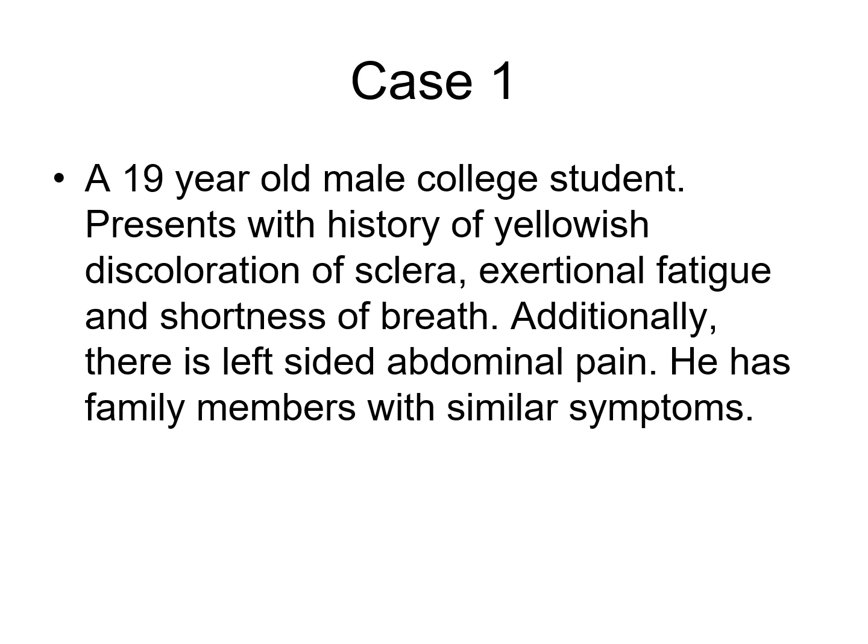This can be caused by anemia, and then we have this discoloration of the sclera, which would probably mean jaundice. So we have probably jaundice and anemia. This is what we should think of. Additionally, the patient has left-sided abdominal pain and some family members with the same or similar symptoms. So this condition could be inherited.